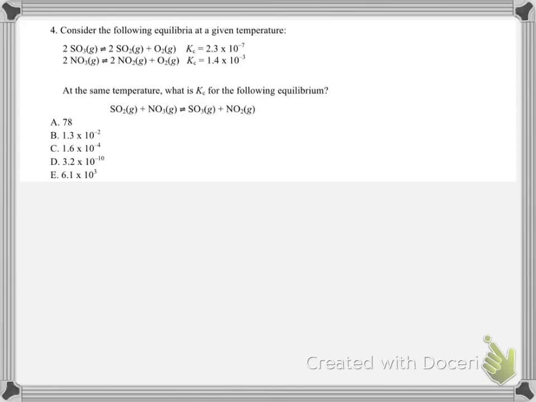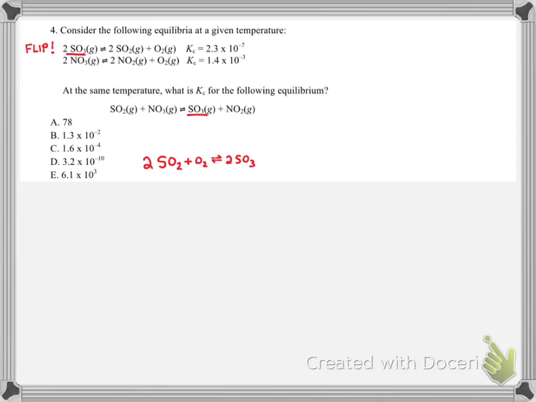So when we do that, we can see here in this first reaction, the SO3 is in the reactants, whereas in the reaction that we're looking for, the SO3 is in the products. So that's a good indicator that we'll probably have to flip this first reaction. So let's do just that.